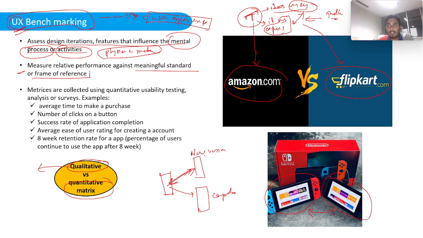So, for example, if the task completion time for a particular task in a particular application with the previous design is 0.8 seconds, then that is the standard we will consider as a frame of reference. Now the new design is faster, so it provides 0.4 seconds. So this is a reference.